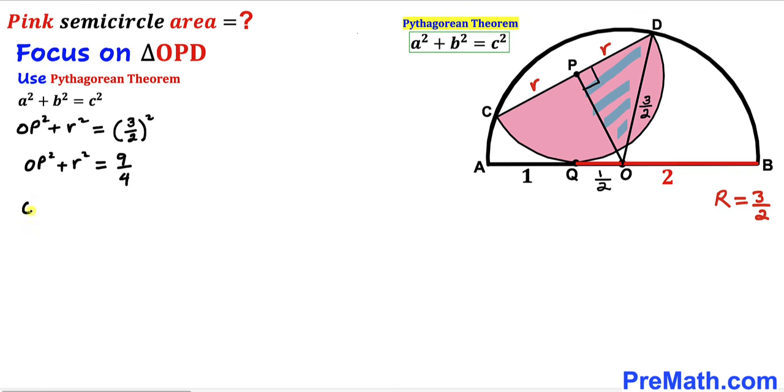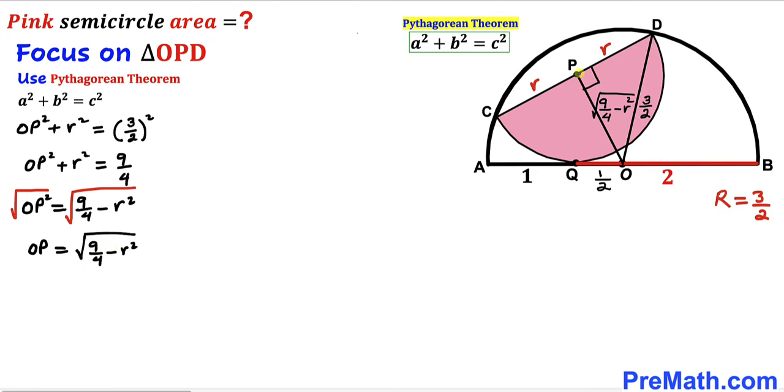So therefore, our OP square side length is going to be 9 divided by 4 minus r square. And now I'm going to undo this square by taking square root on both sides. So therefore, our side length OP turns out to be square root of 9 divided by 4 minus r square.